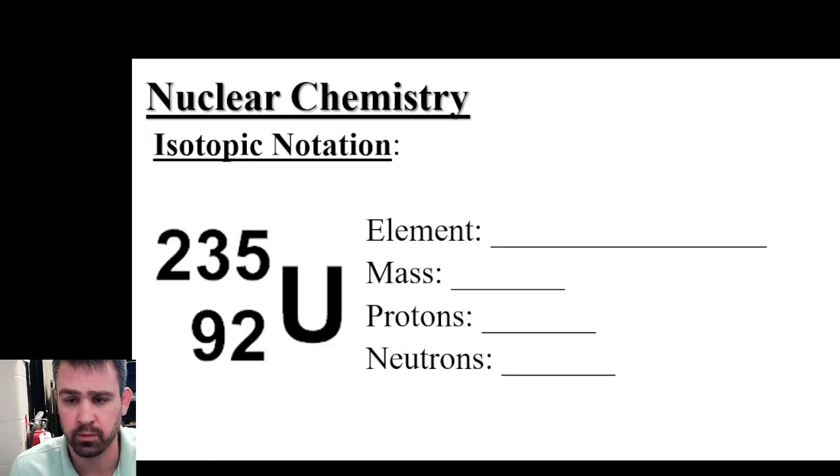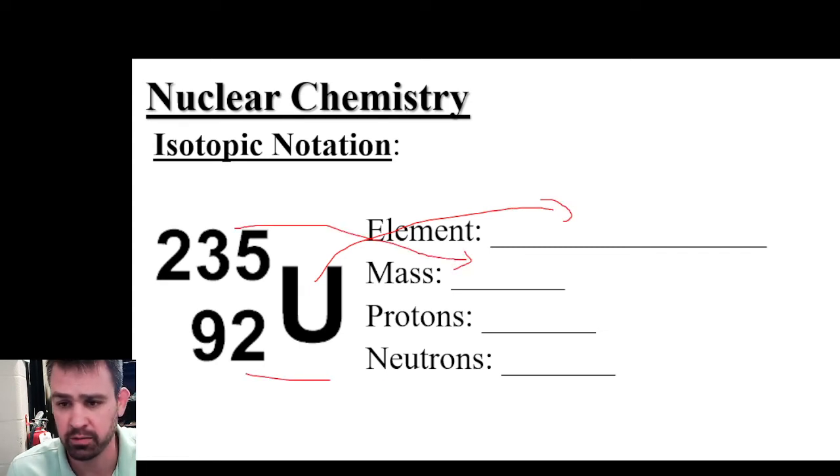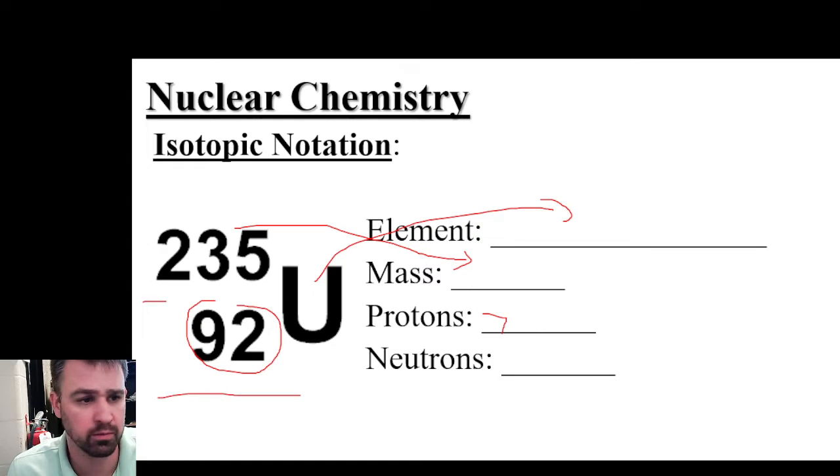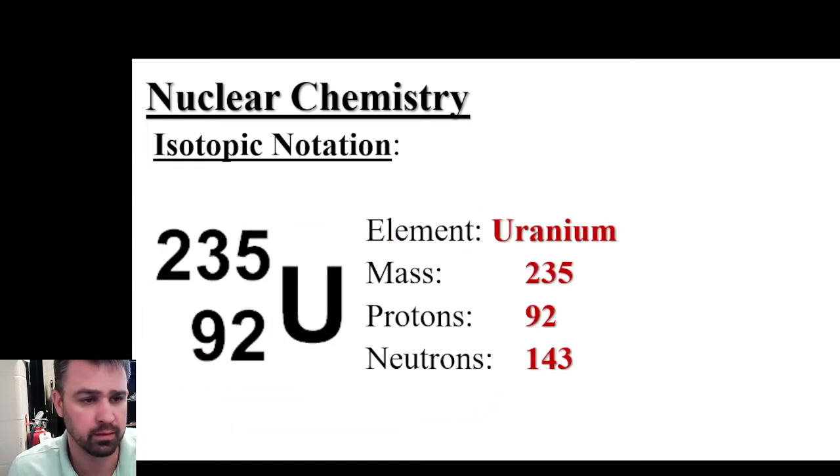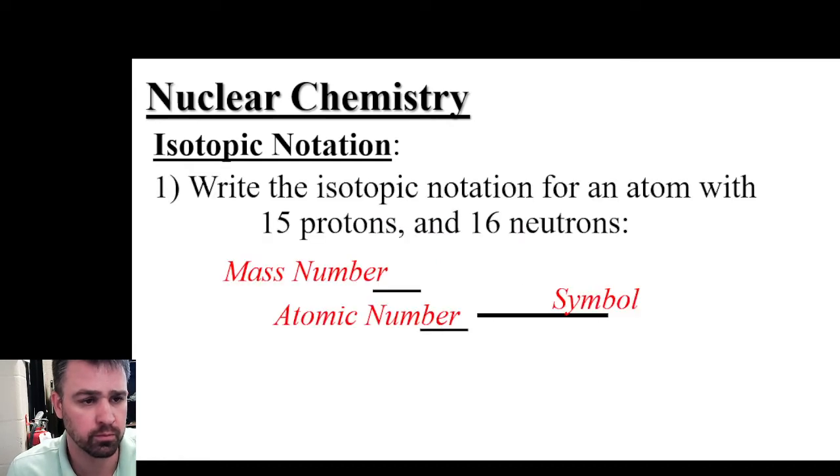And there you go. Same concept, uranium, mass is 235, uranium 235 is how you would say this. Protons from this number here, and then neutrons, when I subtract the protons from the mass, that number goes in that line. It's the number of neutrons.